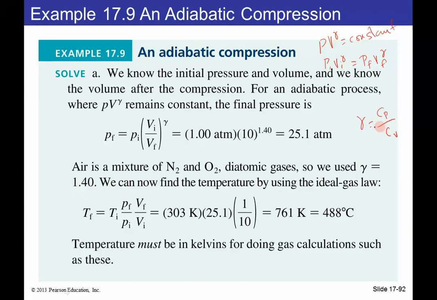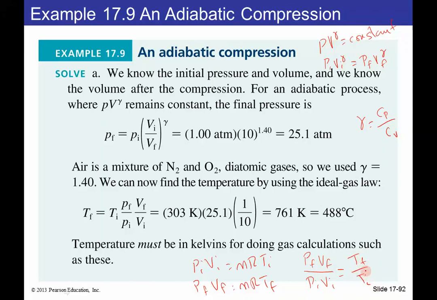And so now that we have the pressure, we can find the temperature by using the ideal gas law. So we can write that PI VI is equal to nRTI, and PF VF is equal to nRTF, or we can write that PF over VF divided by PI over VI, this thing here, is equal to TF over TI.